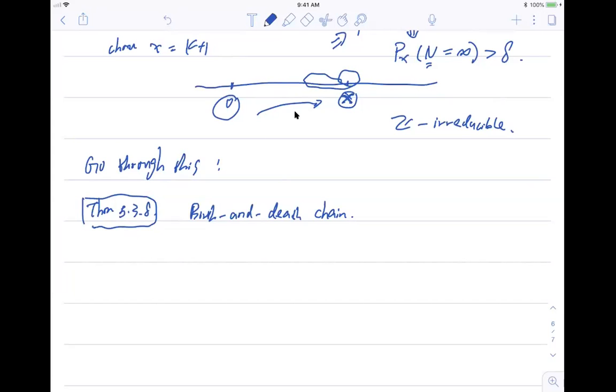For the new homework, we already have a problem on 5.3.4. That's on the birth and death chain. Yes, 5.3.4, I have that.